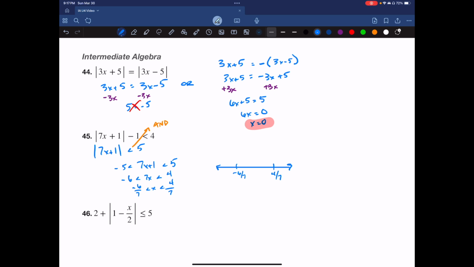Okay, I had the wrong numbers, so now that I got that fixed, this is going to be in between. So parentheses, parentheses, shade in between. Okay, and then when it comes to your interval, this is going to be -6/7, 4/7, parentheses on both sides.